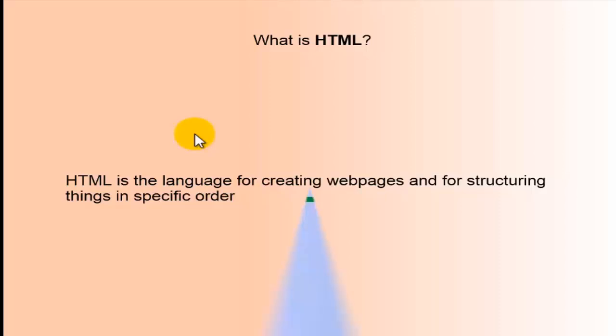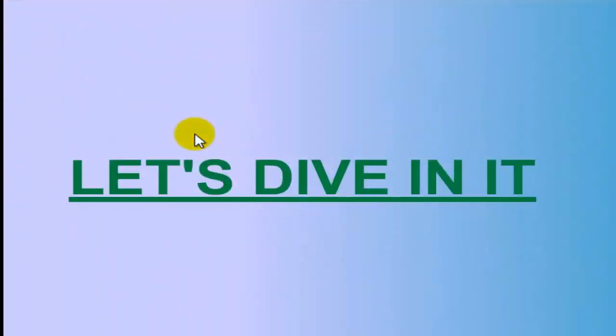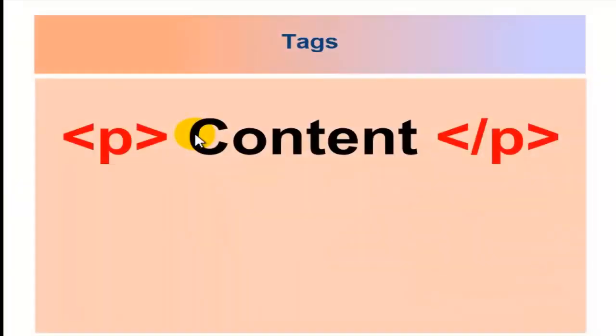Let's dive into it and see about tags. Tags are basically a thing that tells the browser that a specific content has a specific ability. Like here I'm using a p tag. Every element is enclosed in tags.